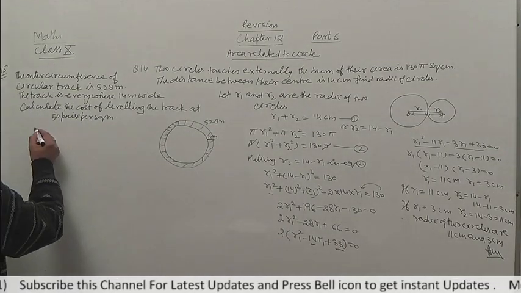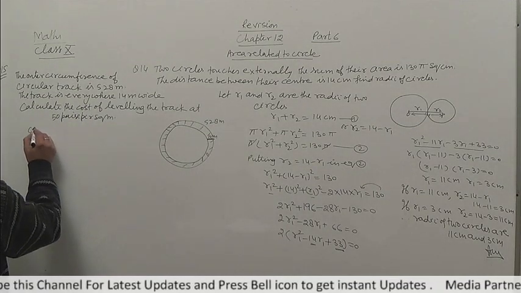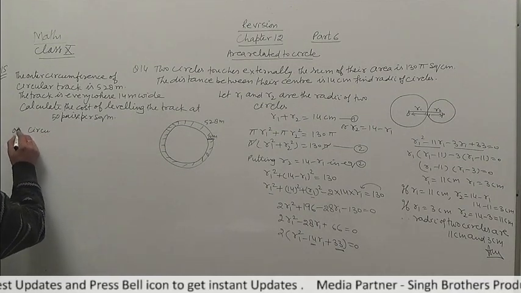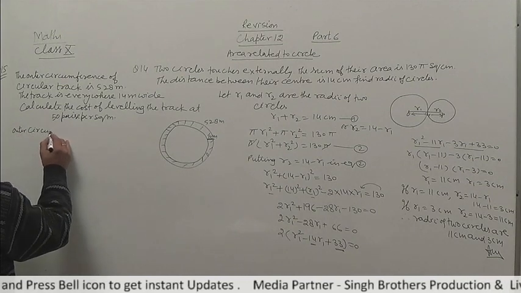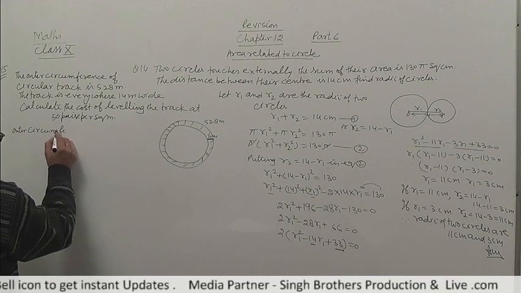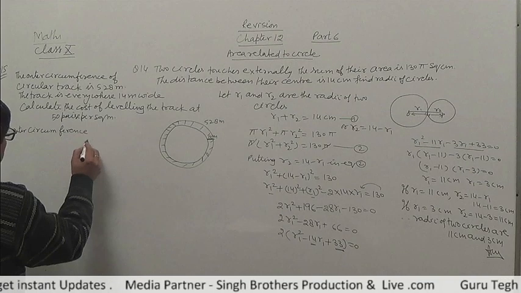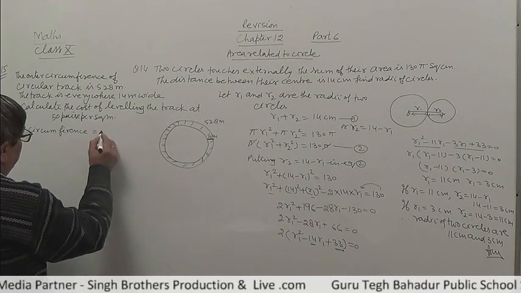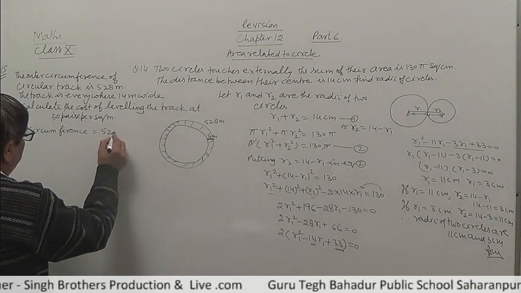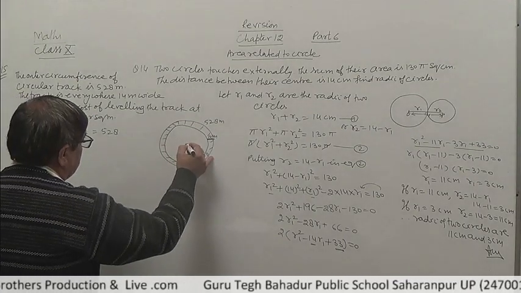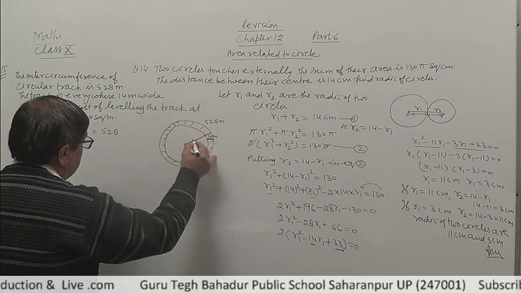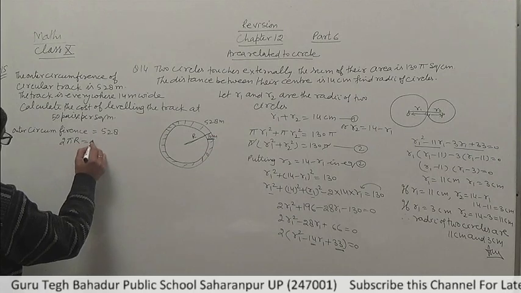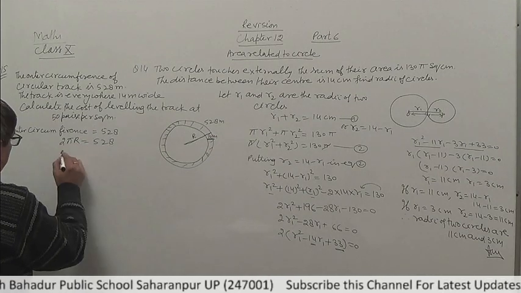So the outer circumference is equal to 528. Let's take the radius as capital R. 2 pi capital R is equal to 528.